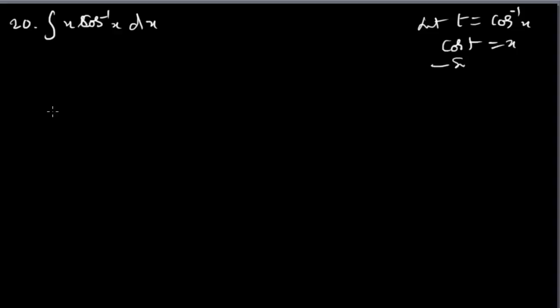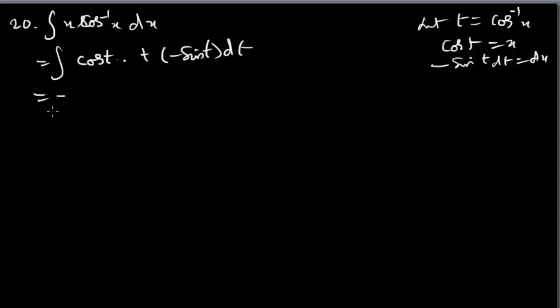So minus sin t dt is equal to dx. So in this problem, wherever x is there, you can write cos t, cos inverse x is t, and dx is minus sin t into dt.